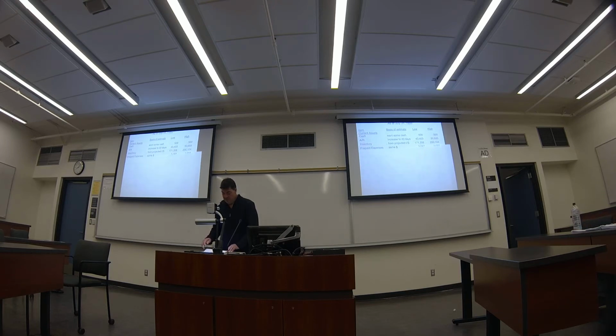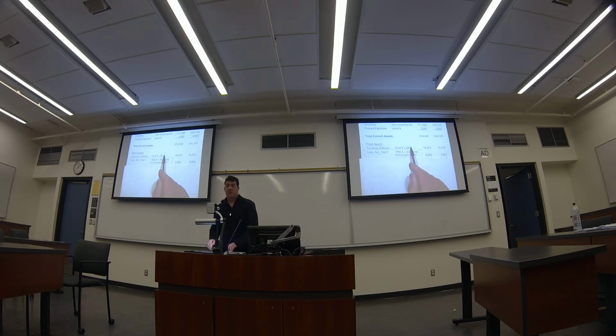Prepaid expenses I just left the same, but you could move it up or down. I didn't see any reason why it would change much. So this is where you had the $5,000 in fixtures. And then you're gonna depreciate those fixtures at some level. You can choose the lifespan, it doesn't have to be 10 years. Okay?